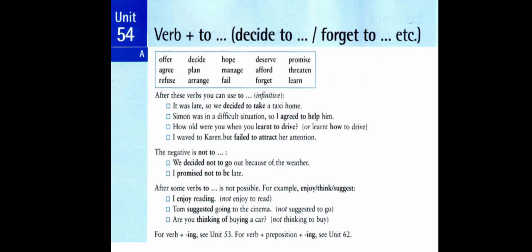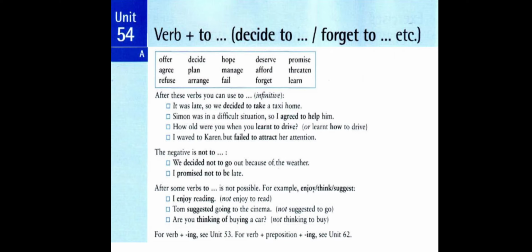Whenever we think of making the negative of the infinitive, we put not before to, so it becomes not to plus the base form. For example, we decided not to go out because of the weather. Here we have the verb decided, and to make the negative of the infinitive, we put not before to, so it becomes not to plus the base form.